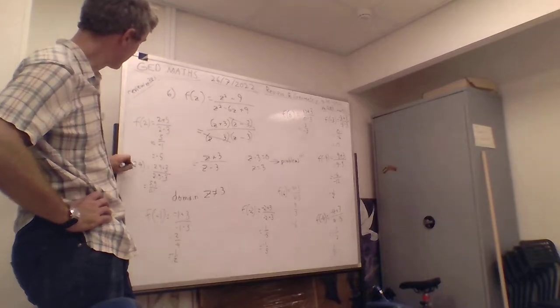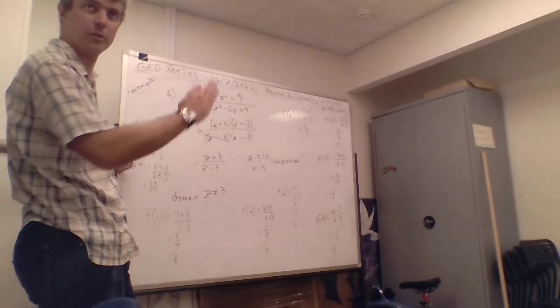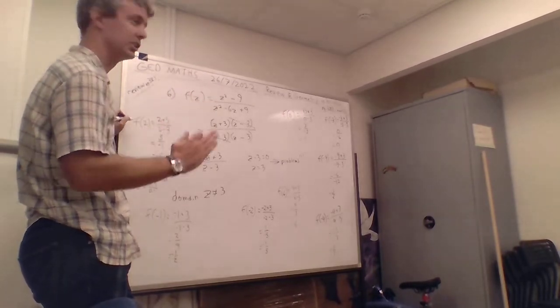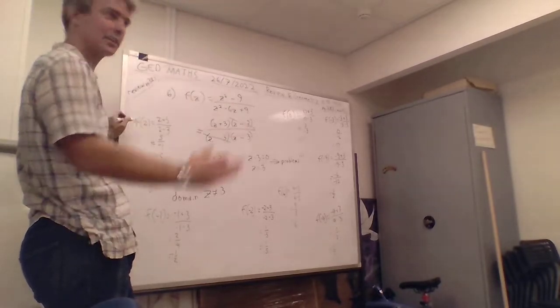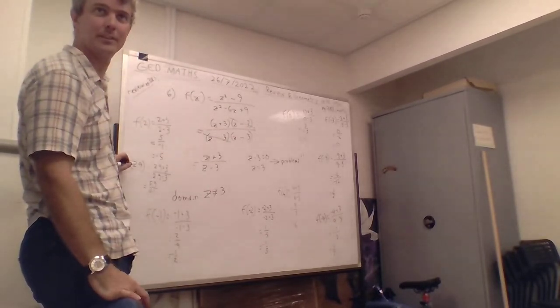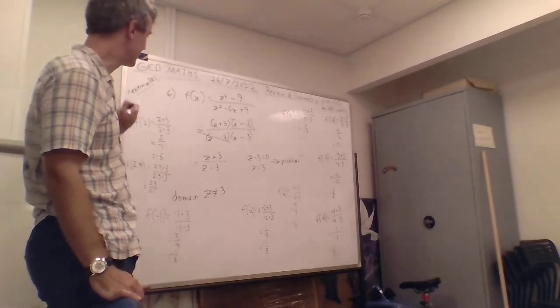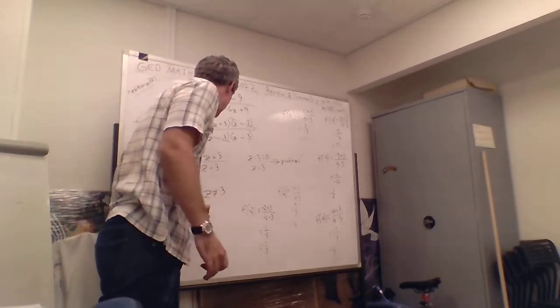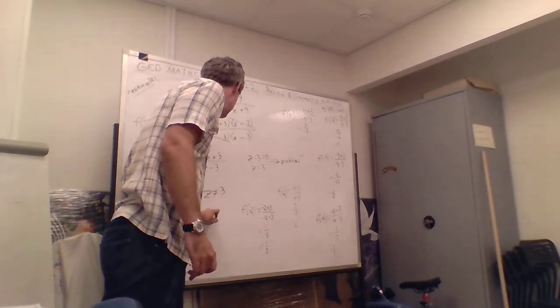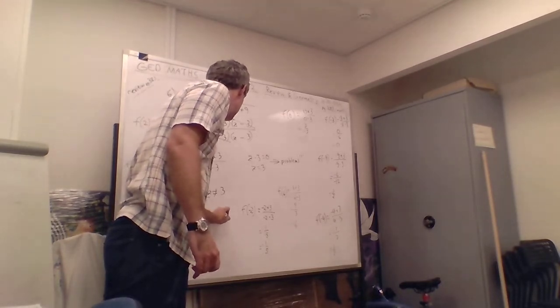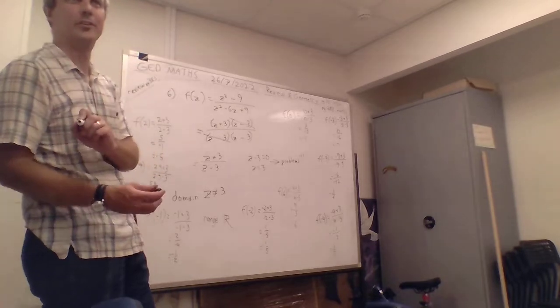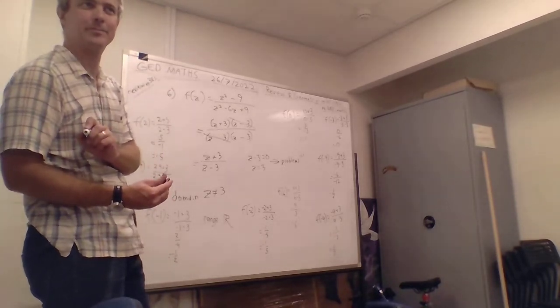So that means as this gets closer to 3, the function goes up, right? So it actually means we can get all numbers. We just have to choose them correctly. So that means that the range is actually all real numbers. There's no limit.